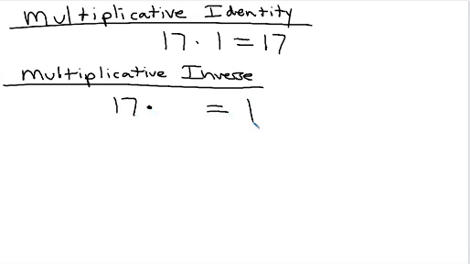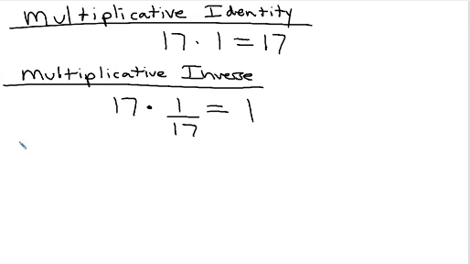We have to think fraction here. I've taught you about factoring with fractions. Watch this. If I multiply this by 1/17, don't I get 1? That's what the multiplicative inverse property says. 17 times 1/17 is 1. All right?